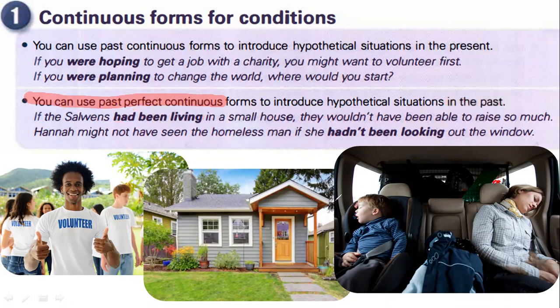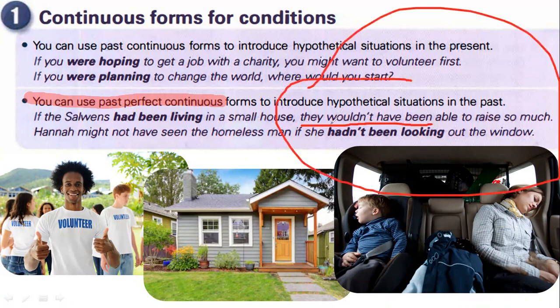If the Solwents had been living in a small house, they wouldn't have been able to raise so much money. The result, wouldn't have been able, a result in the past using would plus have and the perfect participle.